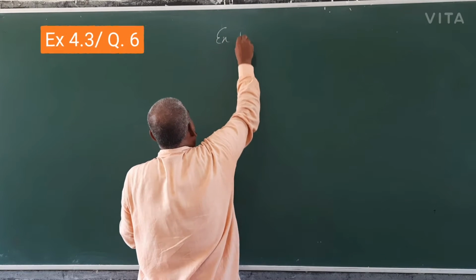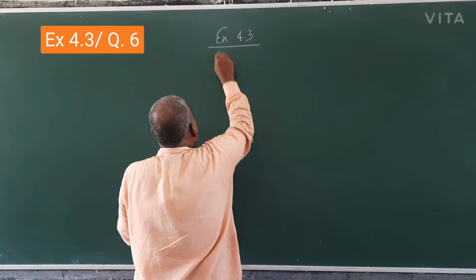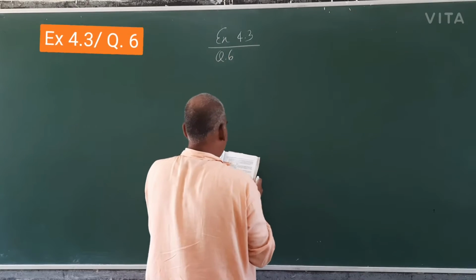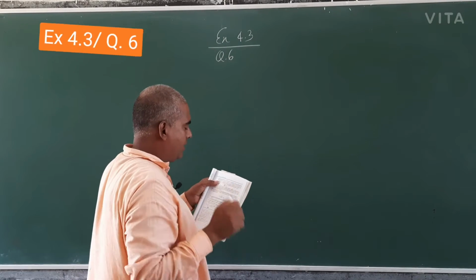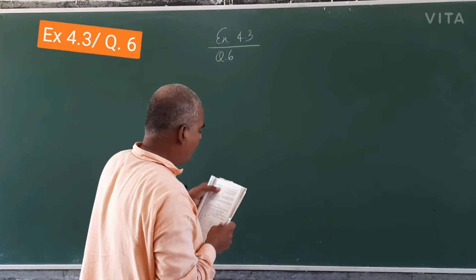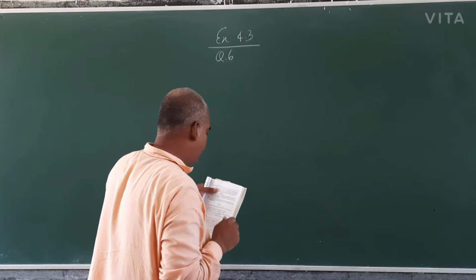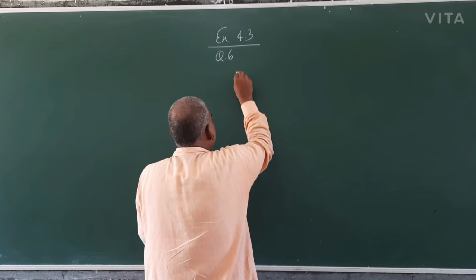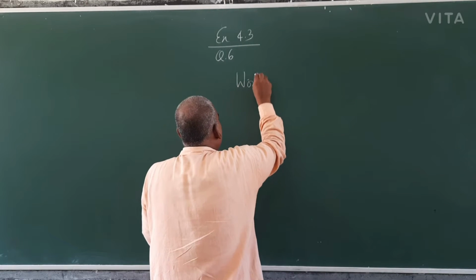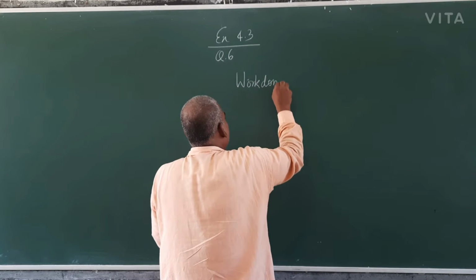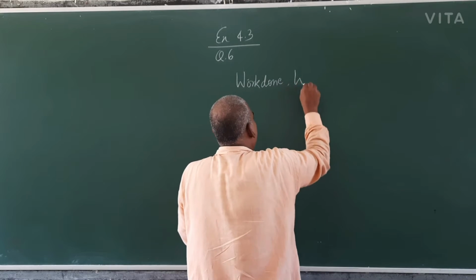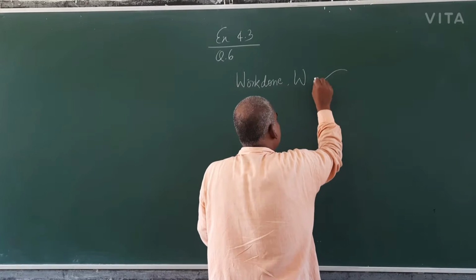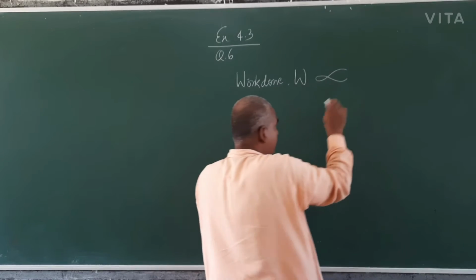Exercise 4.3 question number 6. Whatever is written here, I am telling you: work done by a body on application of a constant force. Work done W is proportional to, this is the symbol.